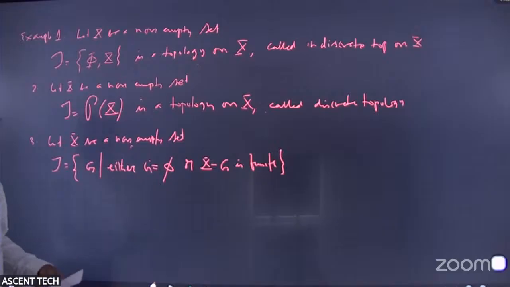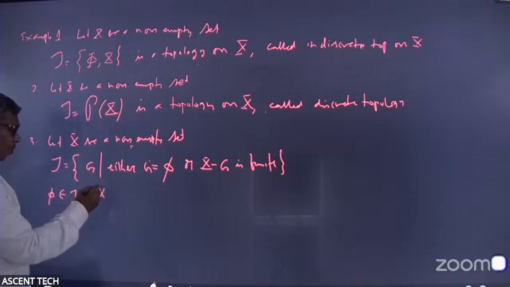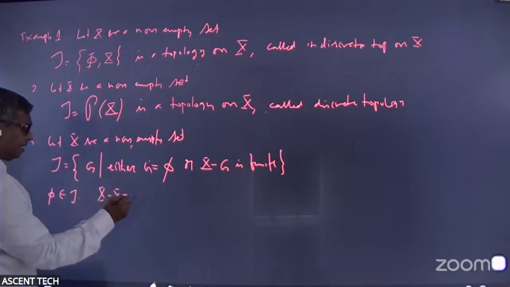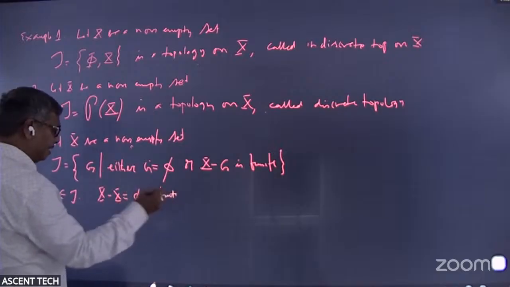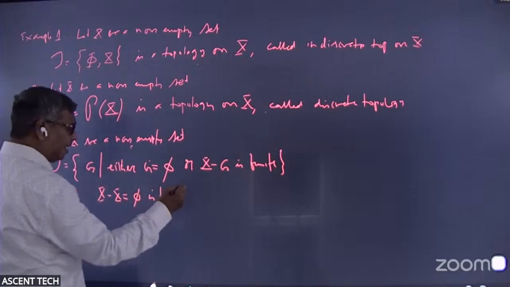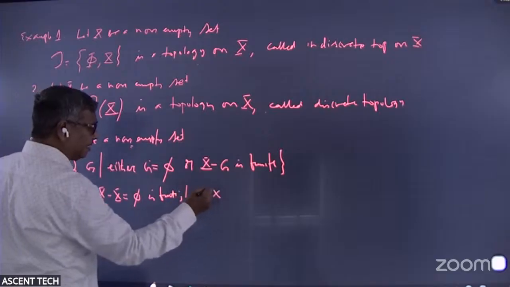I want to show you that T is a topology on X. For example, the empty set is in T; I already said that. If you look at the whole space, X minus X is the empty set, so that's fine. Therefore, X itself, hence X, is in T. Are you understanding that?